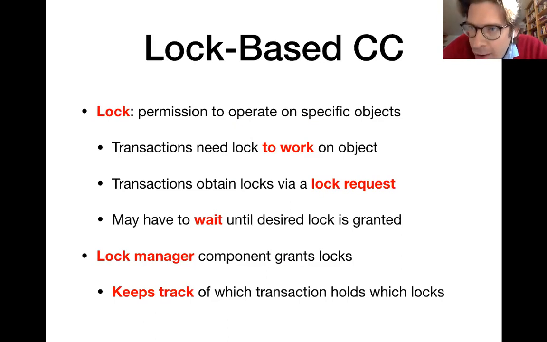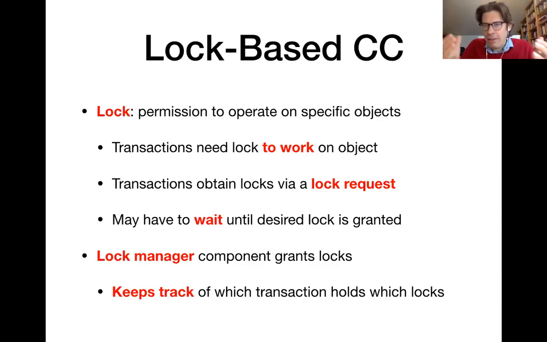So in order to acquire a lock, a transaction submits a lock request for the specific object to the lock manager, which is a component that administers the different locks and keeps track of which transaction has acquired which lock.